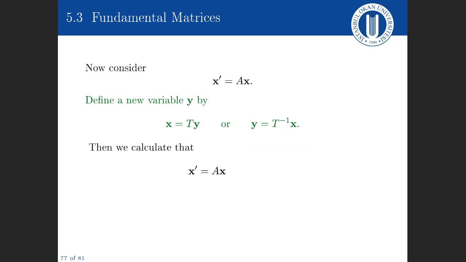We're going to substitute this into our differential equation. Instead of x prime is equal to Ax, we have Ty prime is equal to ATy, because we replace every x by Ty. And then we can apply T inverse on the left side to both sides and get that y prime is equal to Dy.